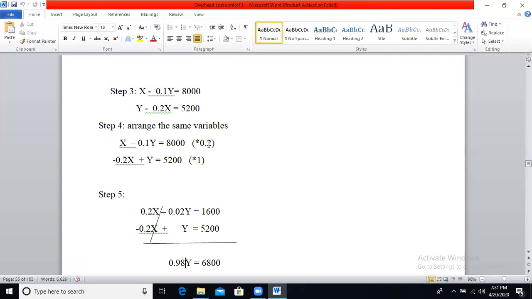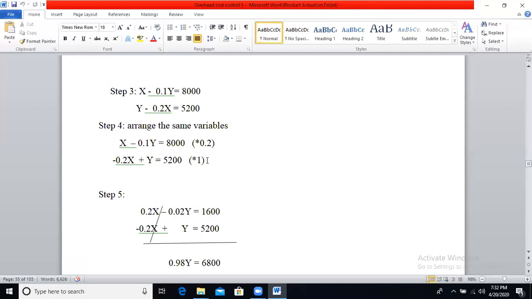Now cross multiply this. 0.2 into x is plus 0.2x, plus into minus, minus 0.2 into 0.1y is 0.02y, is equal to plus into plus 0.2 into 8,000, 1600.